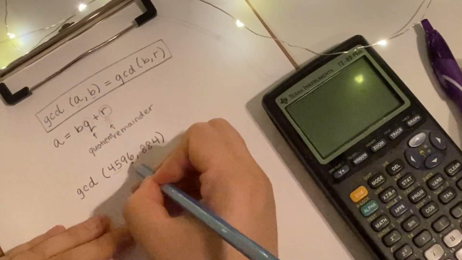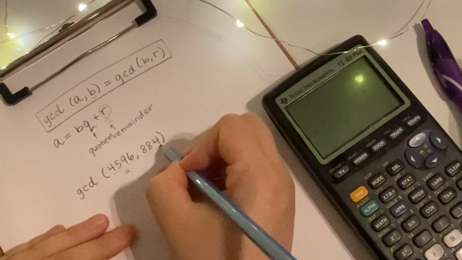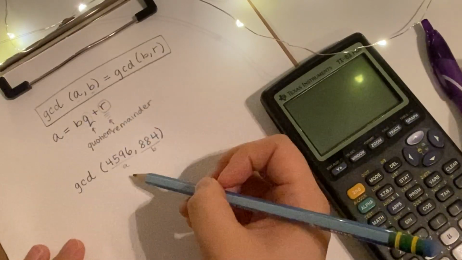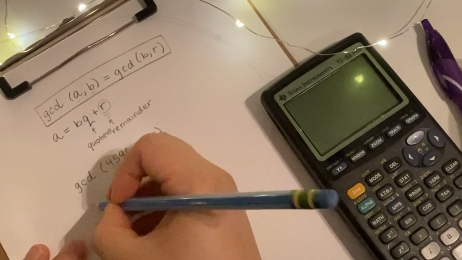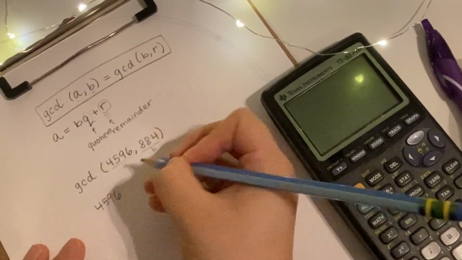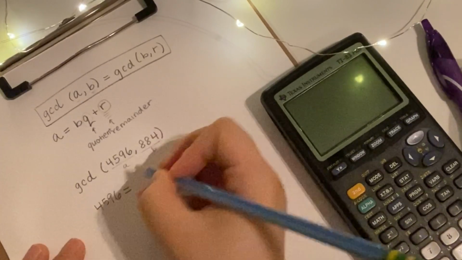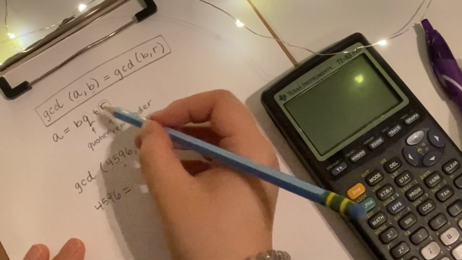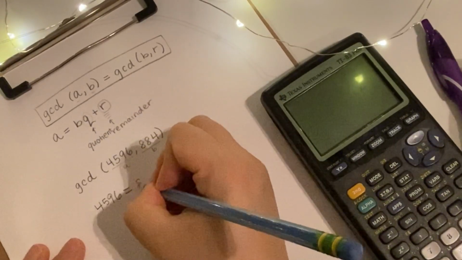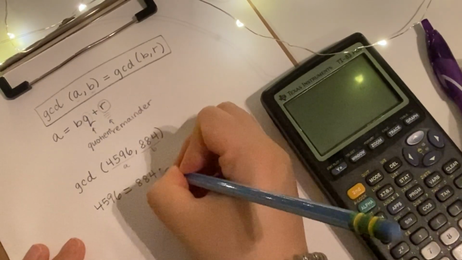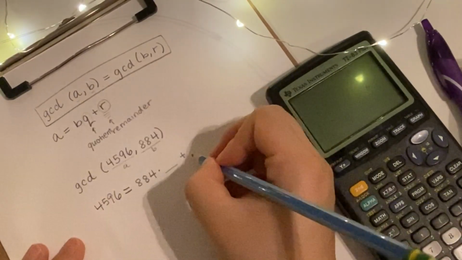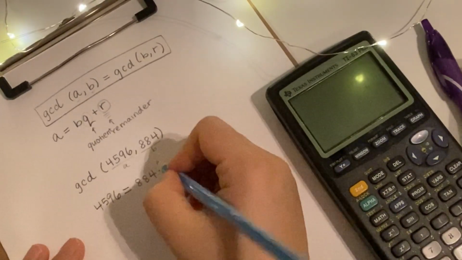So the larger one is A, and this is B. So the first step is to take A, 4596, and then equals, and we want to find Q and R. So we do 884 for B, and now we want to figure out what blank is, and then plus blank.